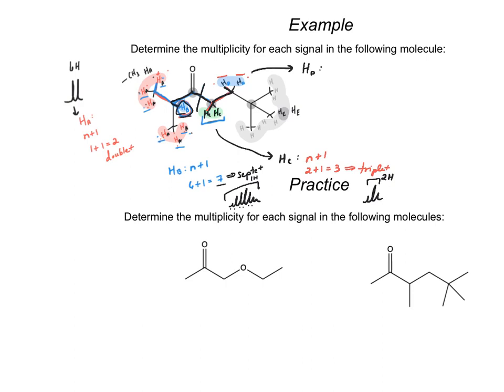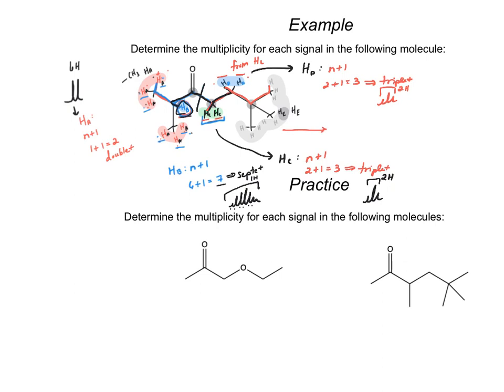If we go the opposite way, 1, 2, 3, 4, we're not going to be split by HE. So we're only going to see splitting from HC. There's 1, 2 HCs, so n+1, 2 + 1 equals 3. So HD would also be a triplet, also a 1 to 2 to 1 ratio, and it would integrate into 2 protons.